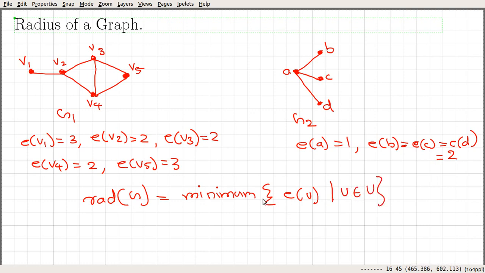So diameter is the maximum among all the eccentricities, and minimum among all the eccentricities is called the radius of the graph.